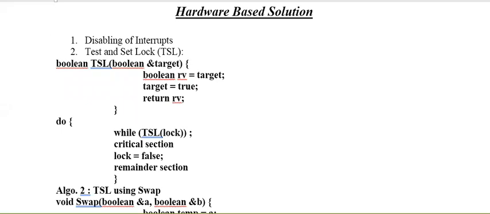Now, what is disabling of interrupts? It says that if one process is executing in its critical section, then whenever that process enters the critical section, that is my entry point, it will disable all interrupts.